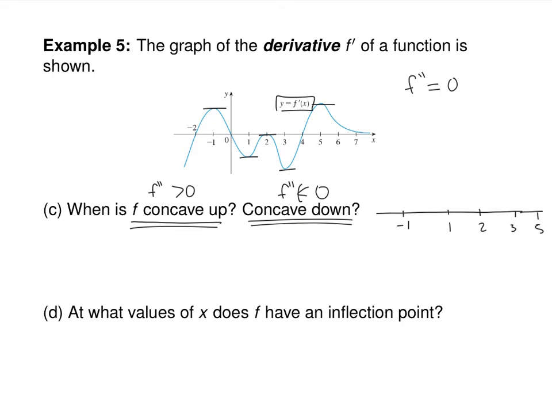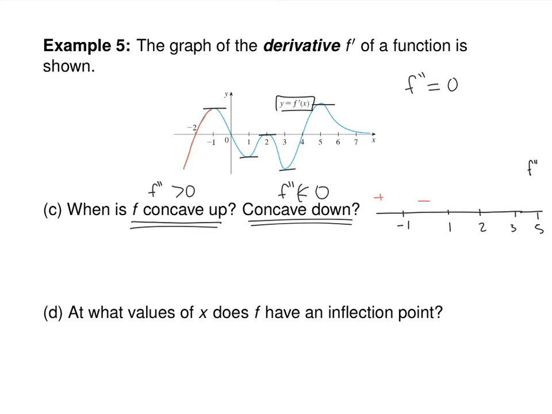Okay, so now the sign of f prime prime. From here to here, f prime of x is increasing. So what's the sign of f prime prime going to be? Positive. How about the next interval? -1 to 1. Negative.